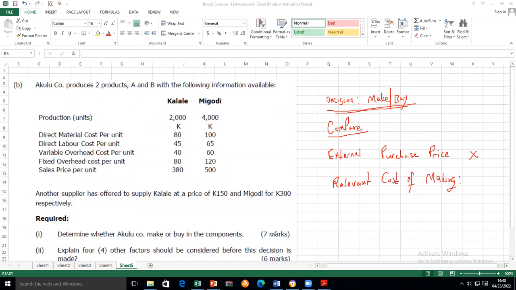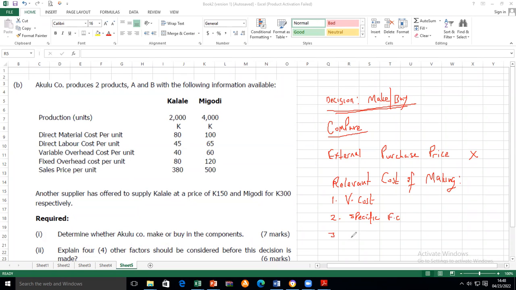So what are the relevant costs of making? Number 1, variable cost. Number 2, specific fixed costs.